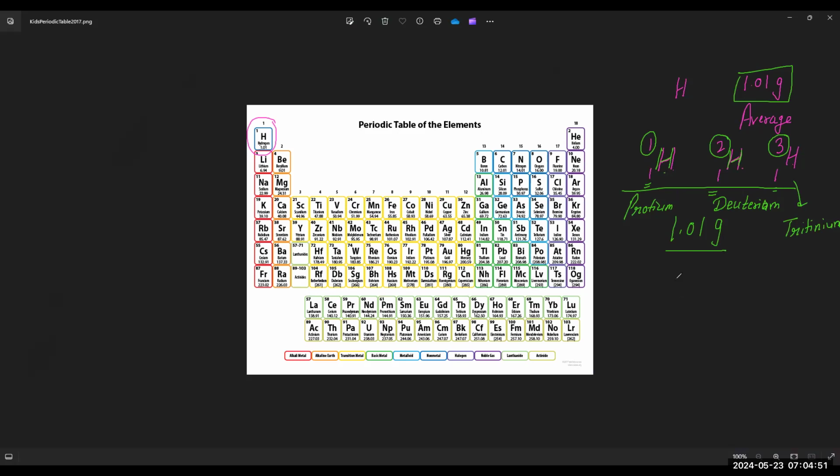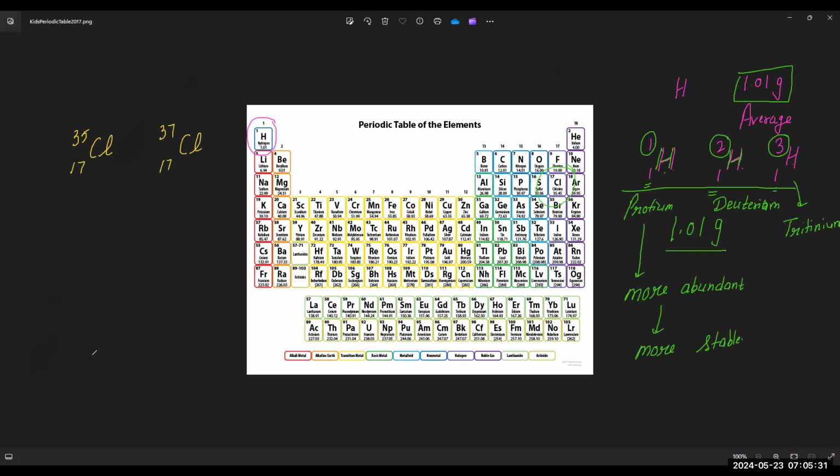More abundant isotope is more stable. Whatever isotope is more abundant in nature is actually more stable. So there are questions based on it. For example, look at chlorine. Chlorine has two isotopes: chlorine 35 (17) and chlorine 37 (17).